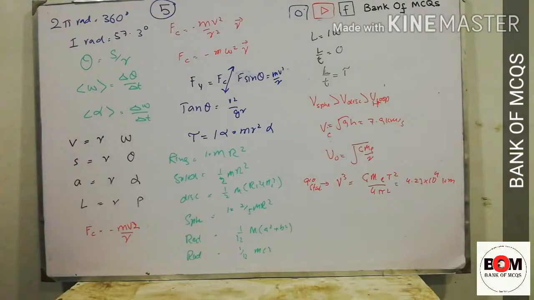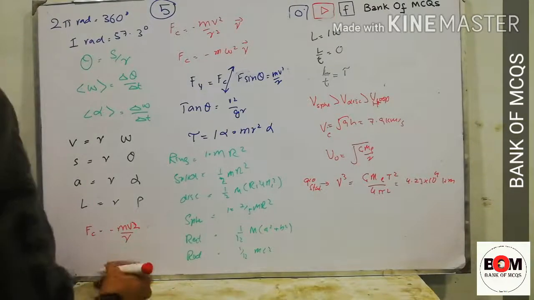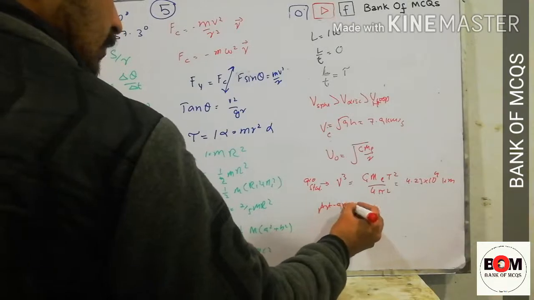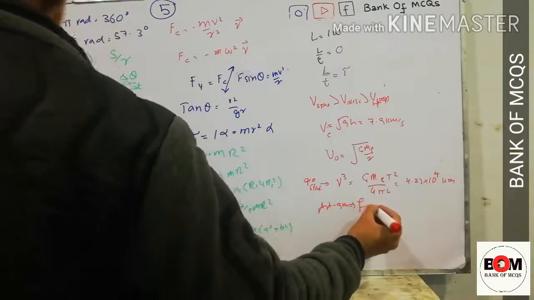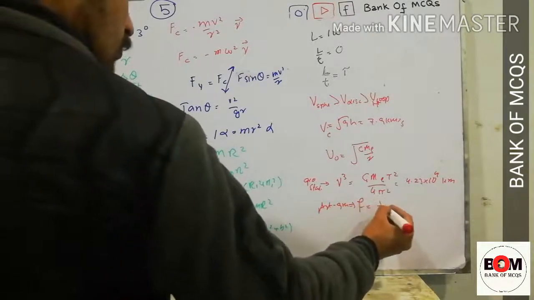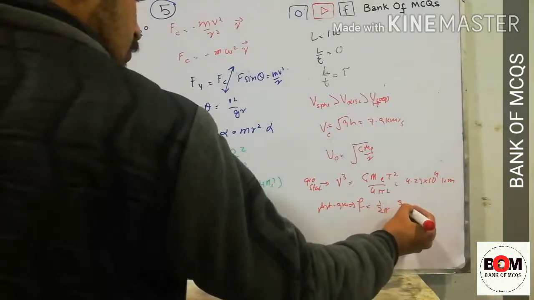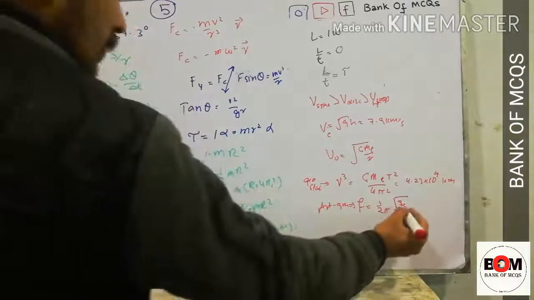Further on, we derived the artificial gravity frequency, that was f is equal to 1 over 2 pi under root g divided by r.